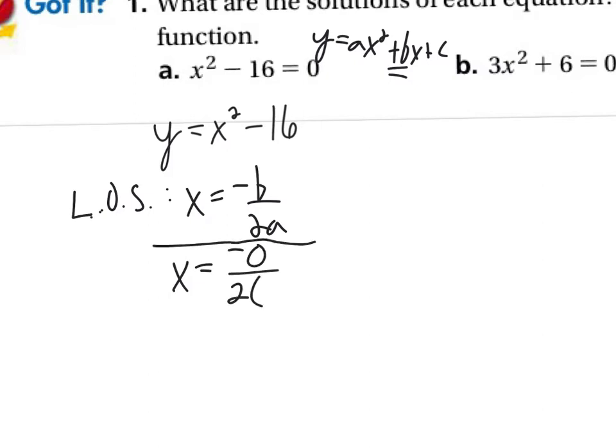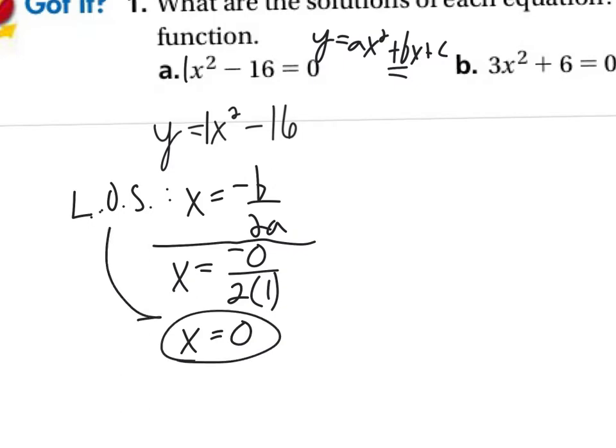Technically, if you don't have an x term, then your line of symmetry is just going to be on the y-axis. It's going to be x equals 0. Okay. A is equal to 1. We have a 1 in front of the x squared there, but it doesn't really matter because we've got -0 over 2, or 0 over 2 would be equal to 0. So our line of symmetry is x equals 0.